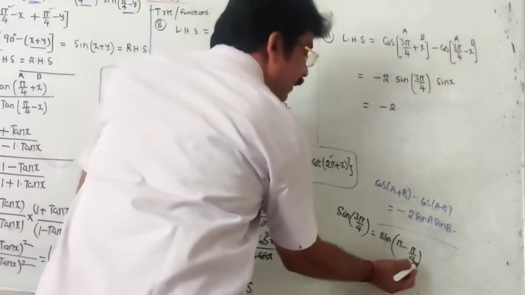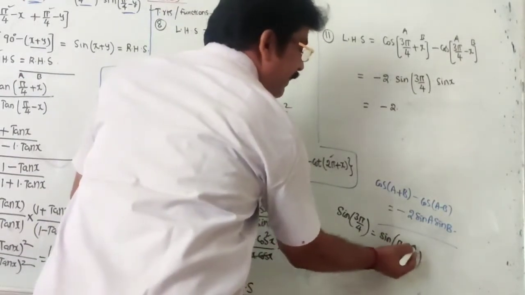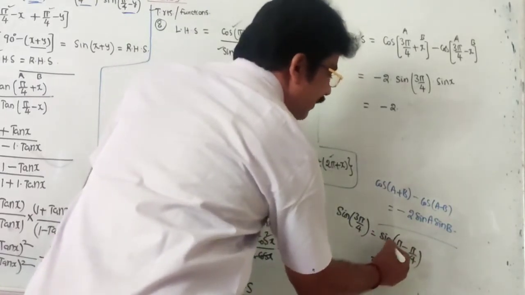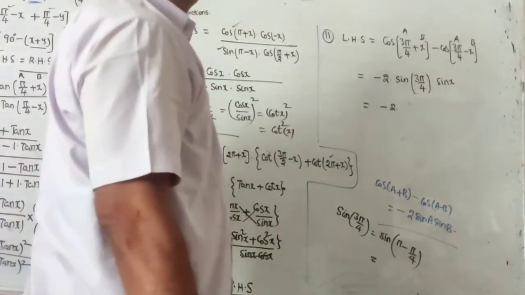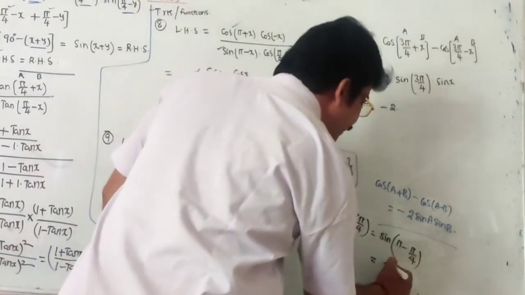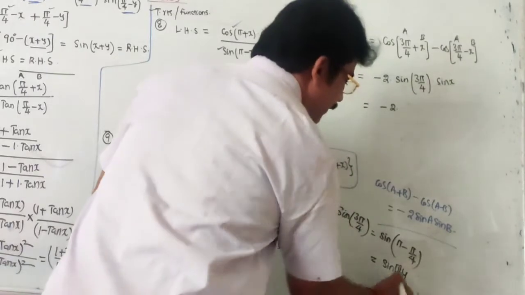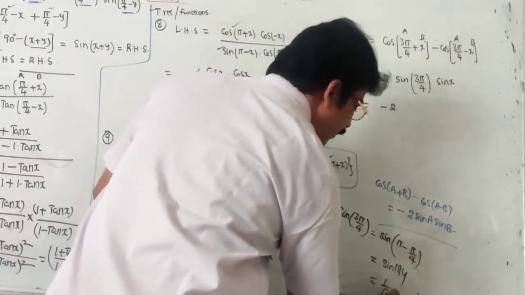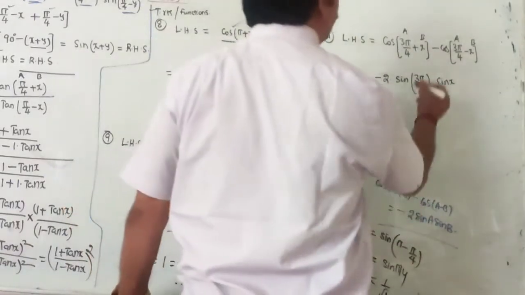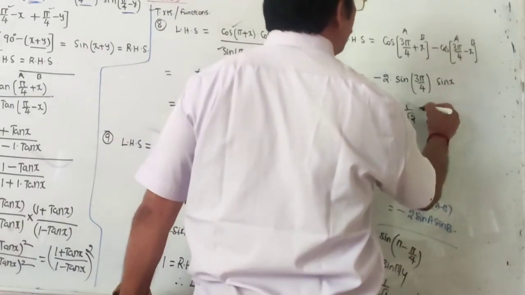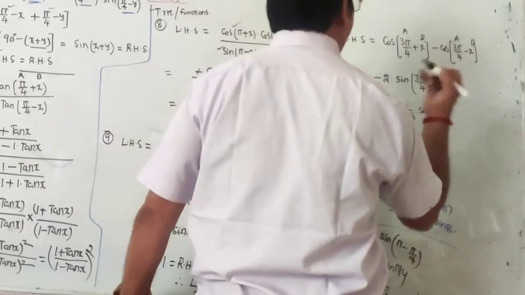You can verify it: 4 pi minus pi, 3 pi divided by 4. Now it is in the form of sin of 180 minus theta, which means sin theta. Sin pi by 4, value how much? 1 by root 2. So its value is 1 by root 2 into sin x.